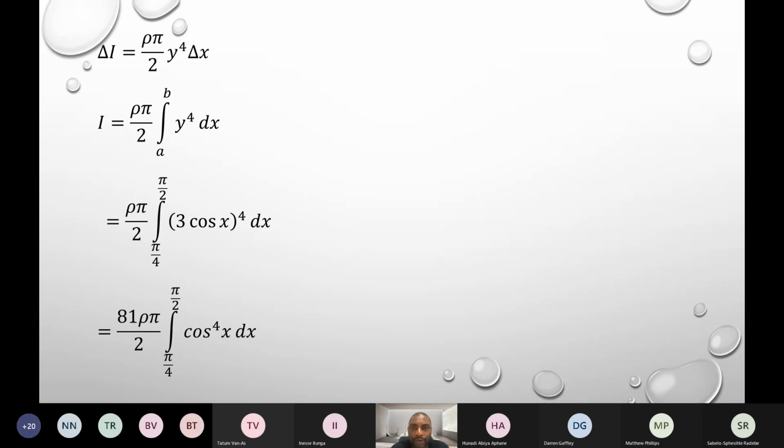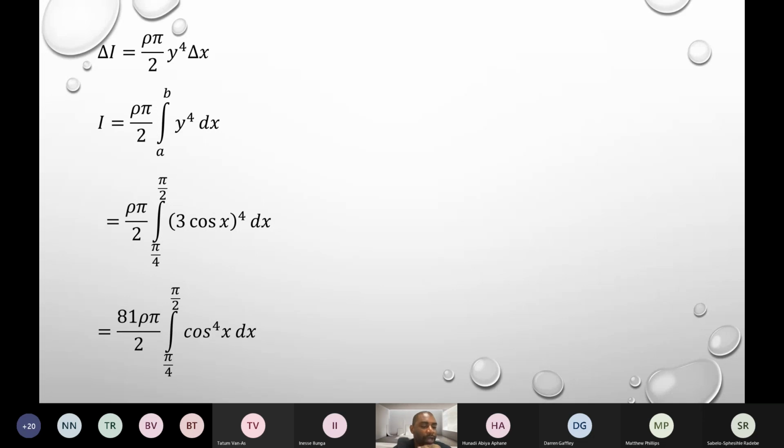Now inside we have a 3. 3 to the power 4 is 81. We can take it outside the bracket. We can also take the pi outside because it's a constant. We can also take the density outside the integral because it's a constant. The only thing you can't take outside is anything with an x. But density, which is rho, and pi, they are constants. And the 3 to the power 4, which is 81, I can also take outside.